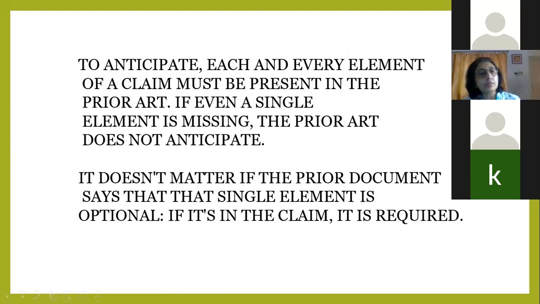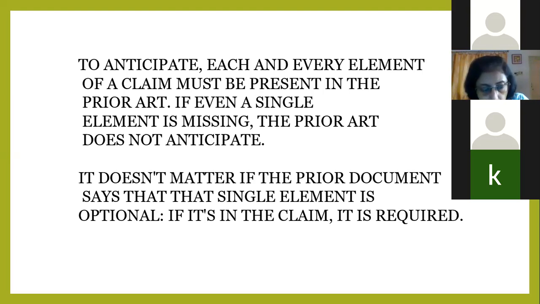Now the other thing is that for adjudication of novelty, to make an application or patent claim anticipated, each and every element of the claim must be present in a single document. If one element is missing, the prior art does not anticipate.